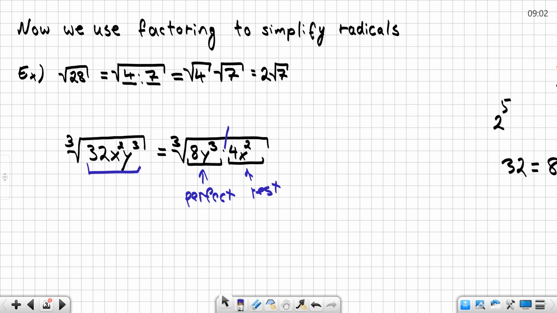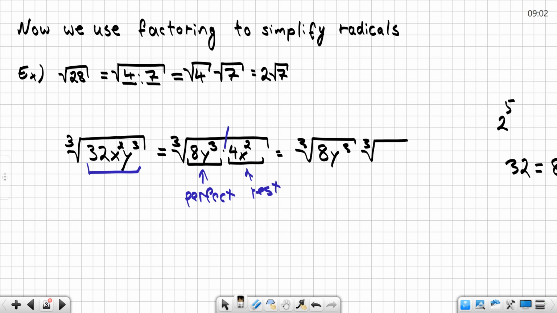I will split this a little bit into 2 pieces, into the cubic root out of 8y cubed times the cubic root out of 4x squared.